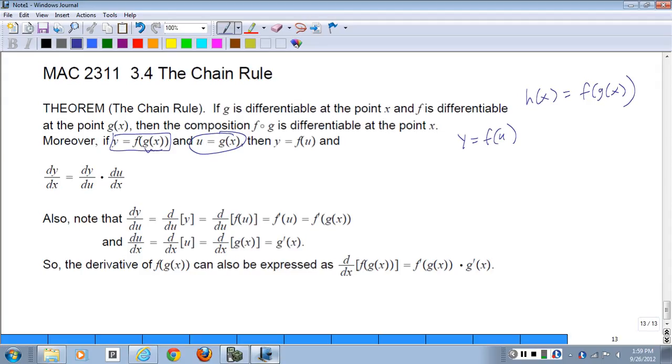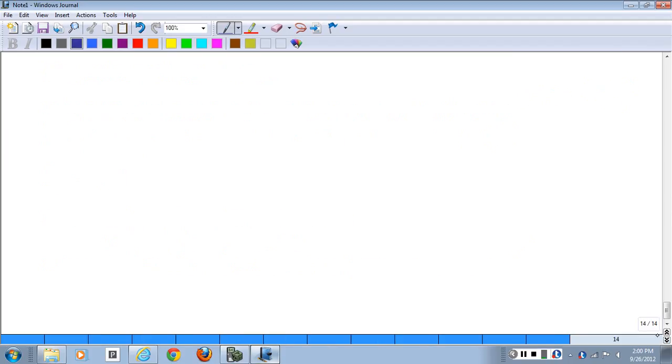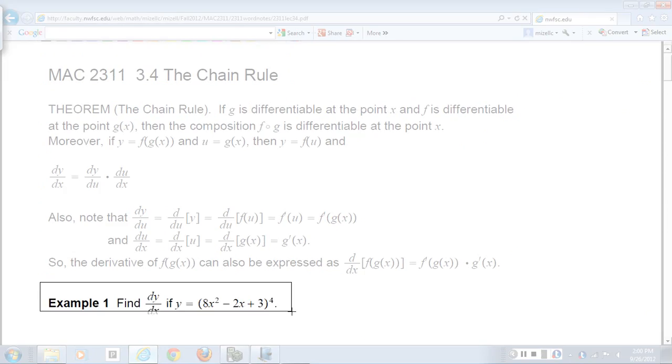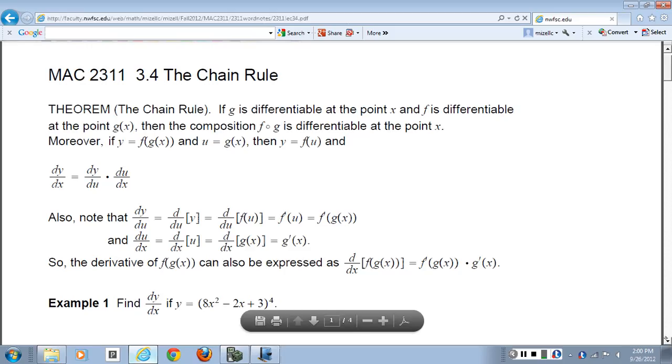So before I write this in terms of just plain old x, I want to see if we can use the dy du and the du dx to evaluate a derivative using the chain rule. So I'm going to scroll down and look at this first example, just using the definition, then we'll try to make sense out of it.